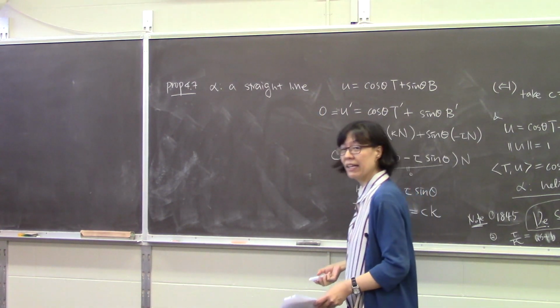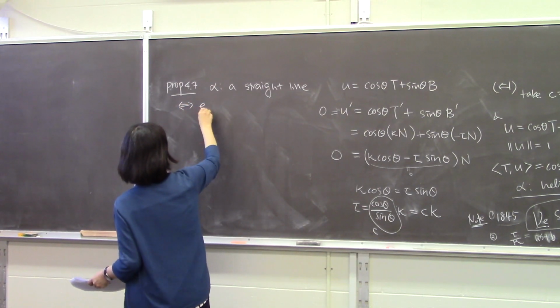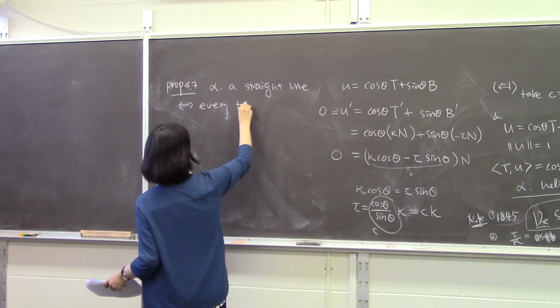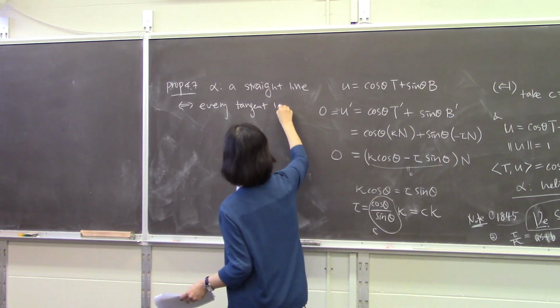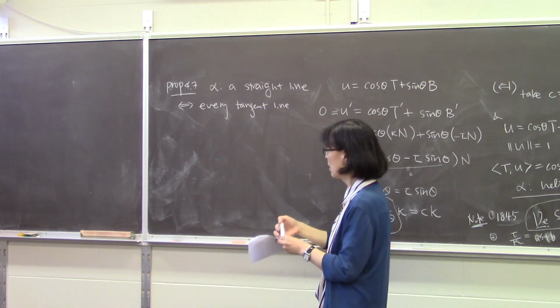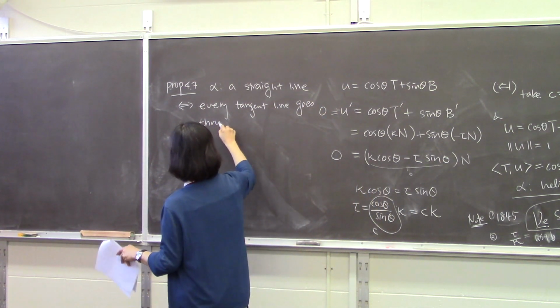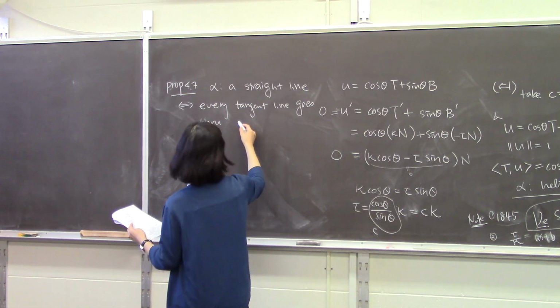Alpha is a straight line if and only if every tangent line goes through a point.